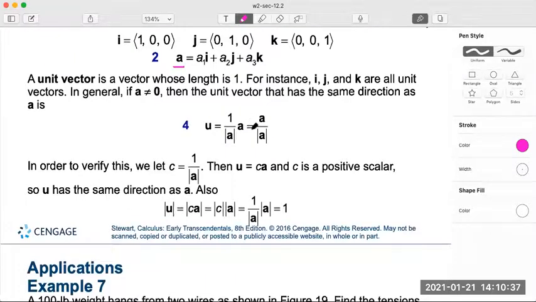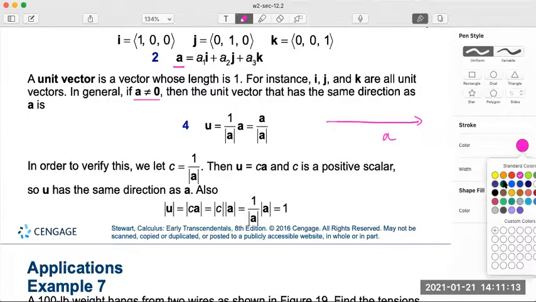And again, if A is not the zero vector, for any given vector A we can always find a unit vector in that direction. That unit vector is vector A divided by its length. That is called the unit vector. For example, for any vector A here, it has this length, right?